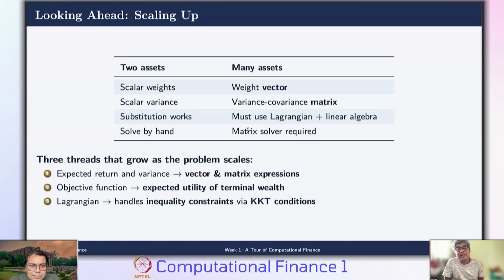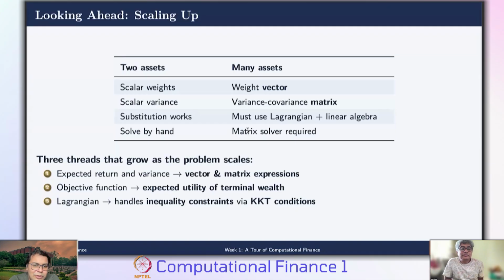Right now you can solve it by hand, which is good to start with. But as soon as we move to more than two assets, three, four, five assets, we have to use a matrix solver. We cannot do it by hand. It gets a little difficult.